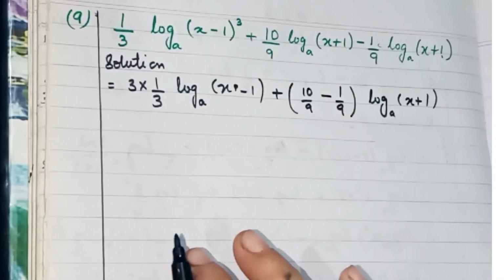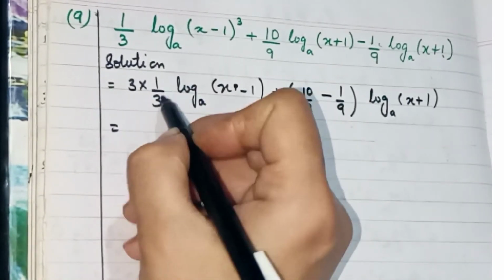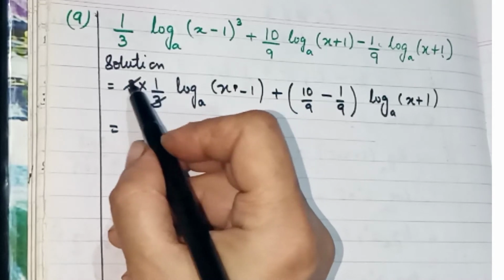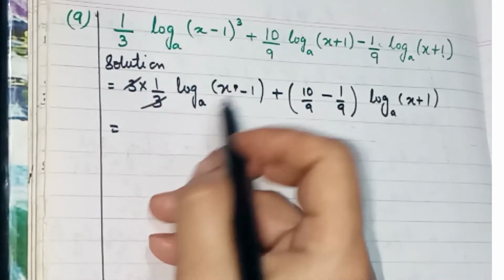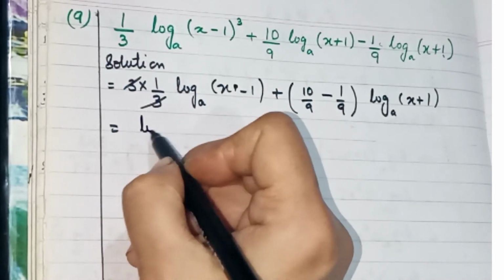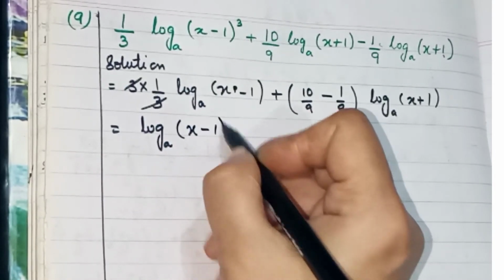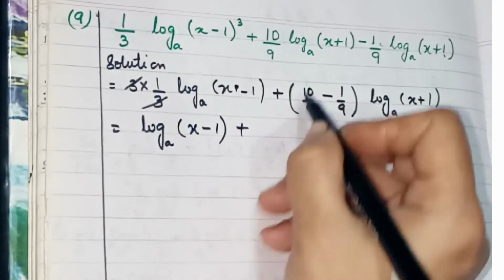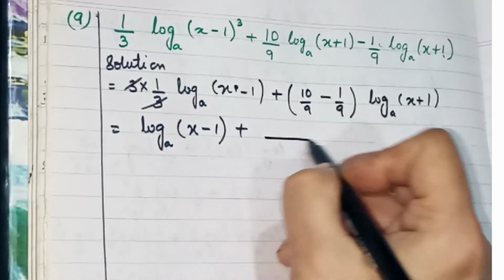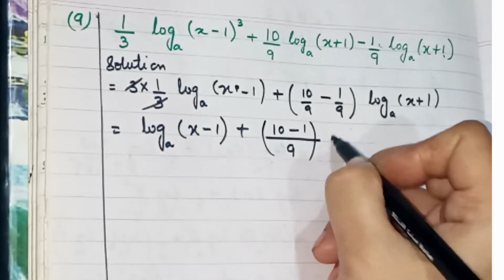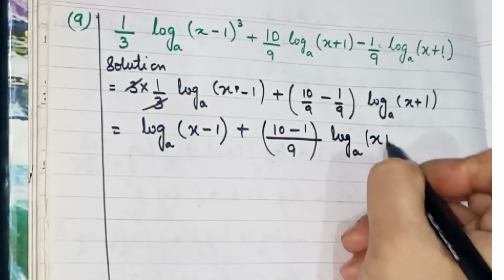taken as common from there. Okay, now this 3 will cancel this 3 and there we are left with 1 here, so we don't have to write 1. We have to write it like log of x minus 1. And here, as we have the same denominator, it will be 10 minus 1 and log of x plus 1.